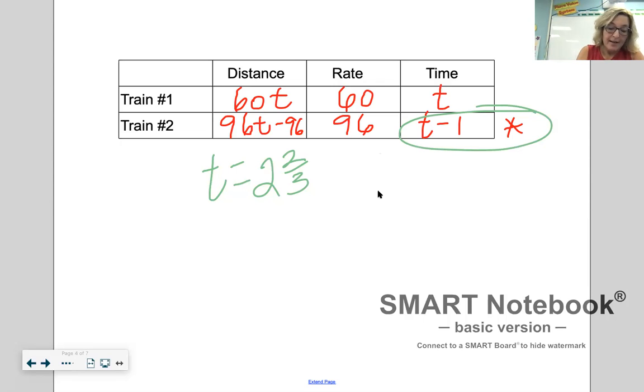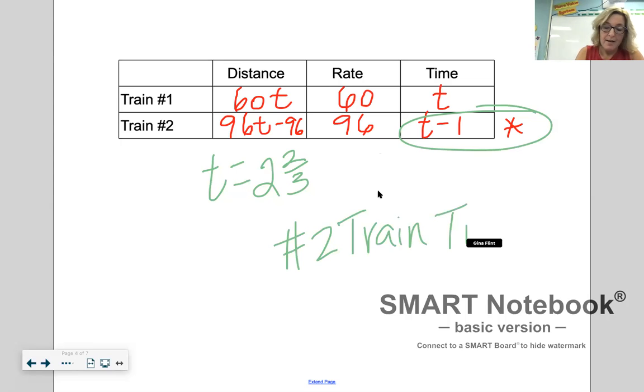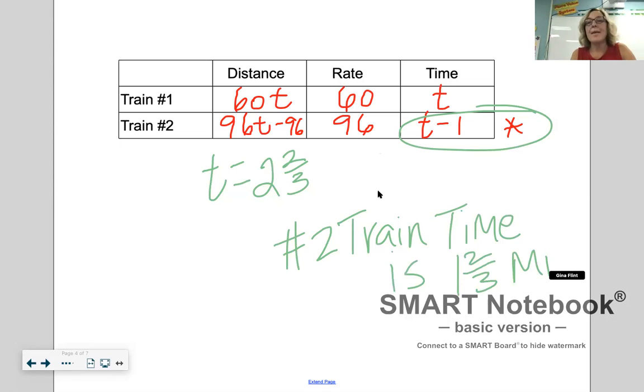So for train number 2, the time is 1 2/3 hours, again including a unit of measure in your answer. Actually, I should have said 1 2/3 hours, not minutes, because the time was a function of hours.